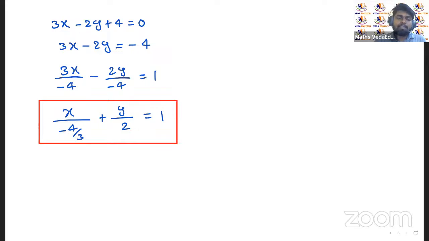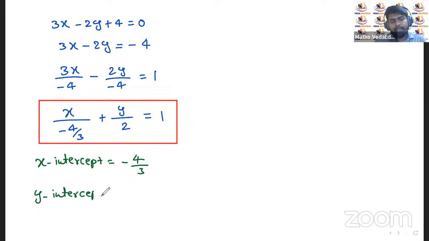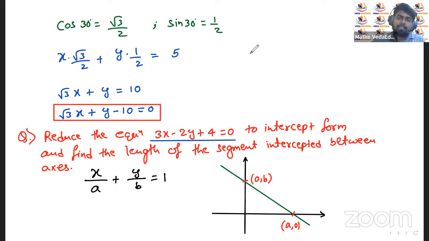So the x-intercept is equal to minus 4 by 3, and the y-intercept is equal to 2. Now we have the points: minus 4 by 3 comma 0, and 0 comma 2.